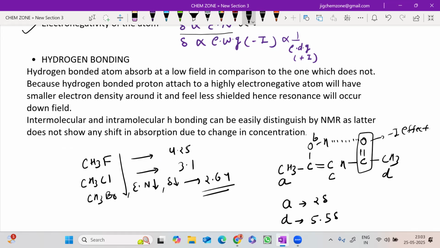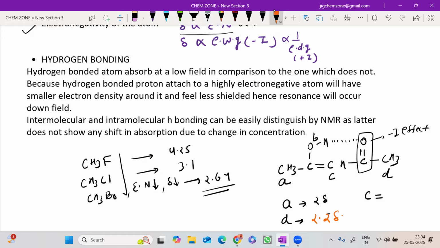Now let's talk about C. C is an olefin. I made a mistake here. Basically, the D value will not have that much difference. D value is also close to 2.2 approx.